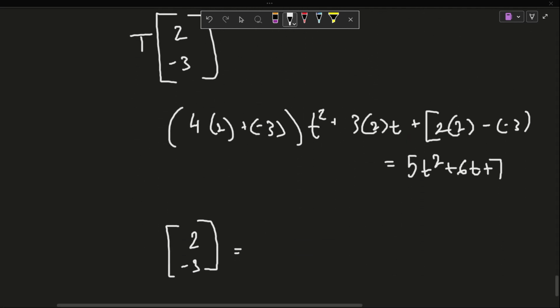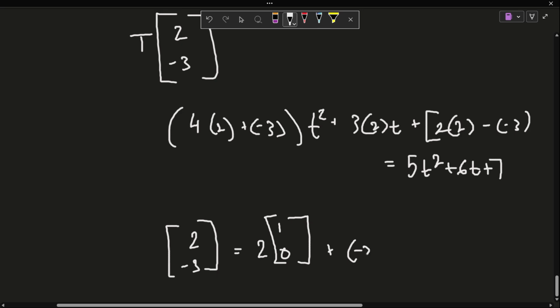So if we're changing our basis to the basis for R2, well, we can say that 2 times (1, 0) plus minus 3 times (0, 1), and that's going to give us, it looks like the same thing.